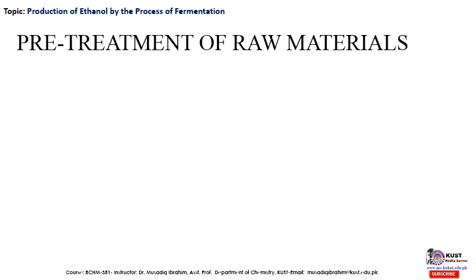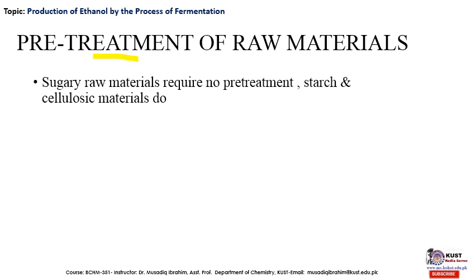Now moving towards the pre-treatment of the raw materials. It means that if you are going to use certain raw materials, do you need to treat them with certain chemicals or wash them or add certain other nutrients to them? The sugary raw materials require no pretreatment, but the starch and cellulosic material do require the pretreatment.